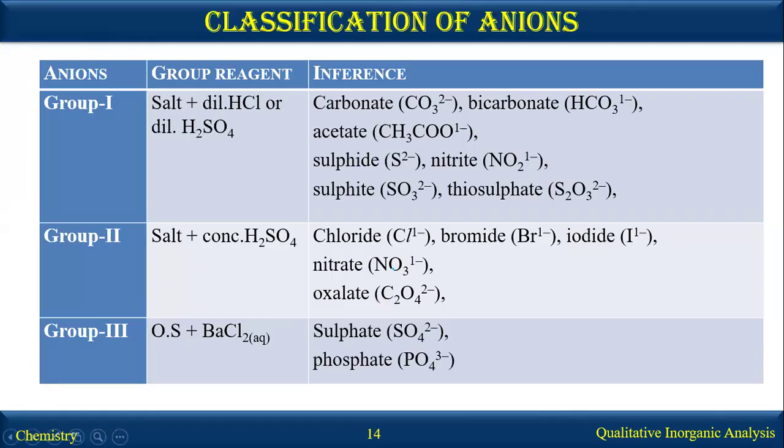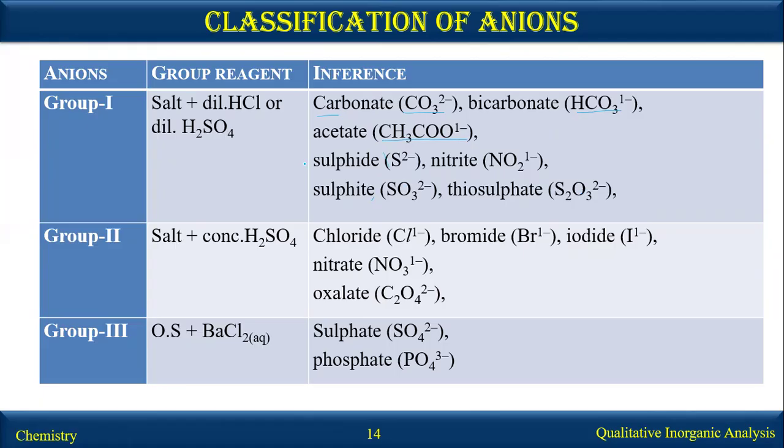Now, the classification of anions. Remember that all the anions have been classified into three groups. Group 1 contains carbonate, bicarbonate (hydrogen carbonate), and acetate. Nitrite, sulfide, sulfite, and thiosulfate.